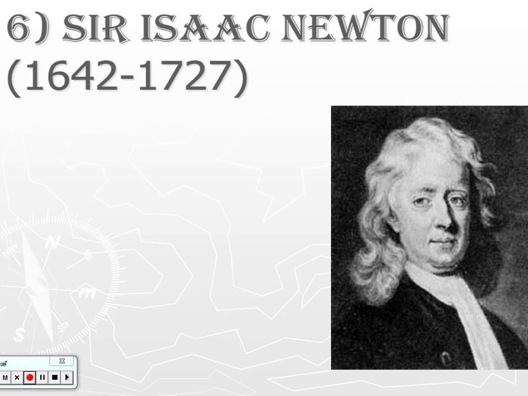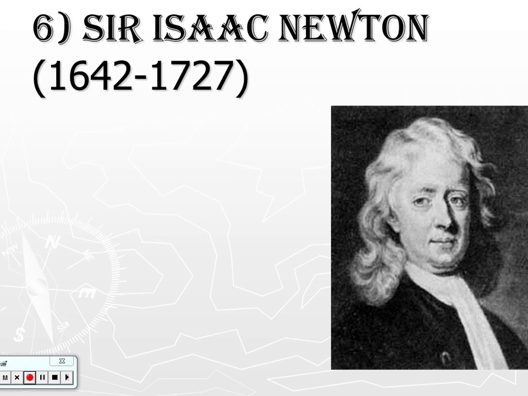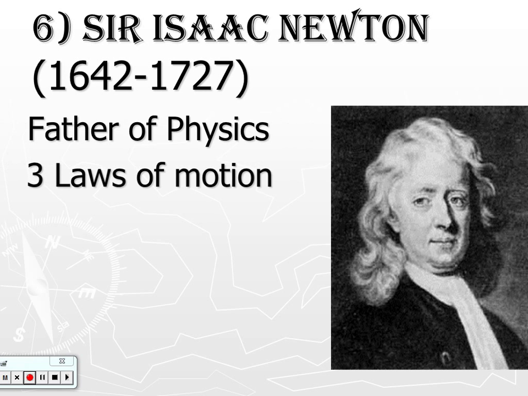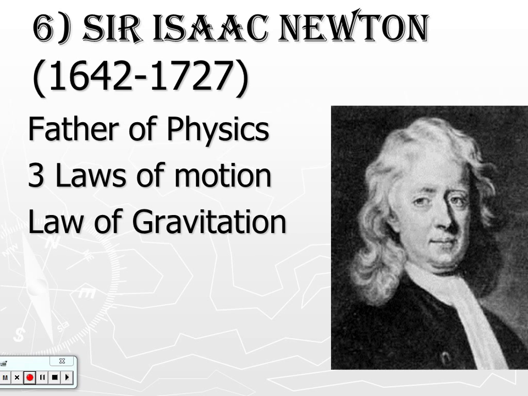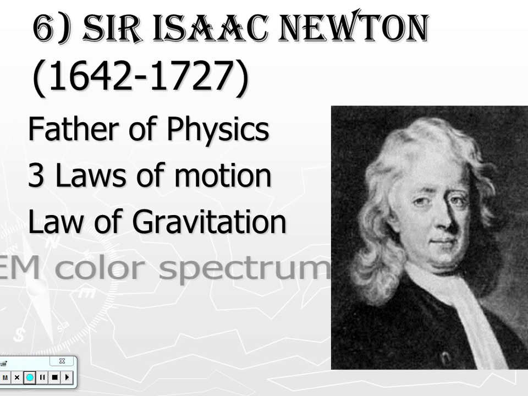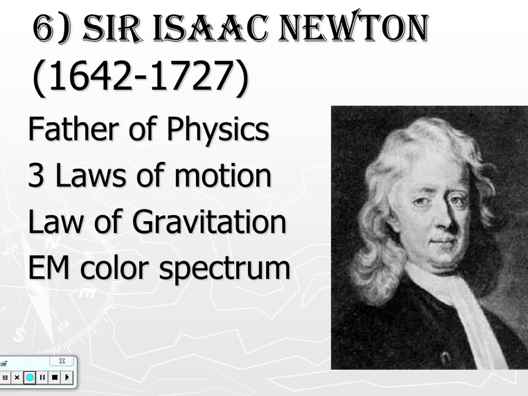but this guy put it together for us all and became known as the father of physics. He developed 3 laws of motion. We'll talk extensively about those this unit. The law of universal gravitation is the law of gravitation that is the same throughout the entire universe, which is why we call it the universal law of gravitation. He also developed the electromagnetic color spectrum. That's the Roy G. Biv, where you got red, orange, yellow, all the way over to indigo.